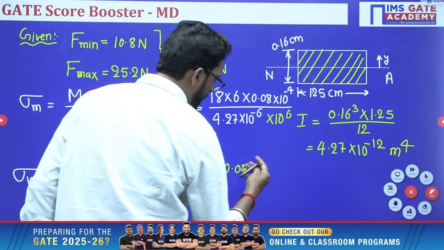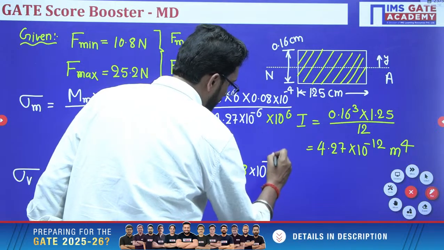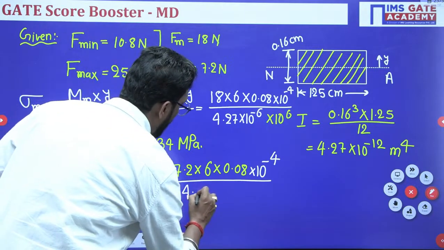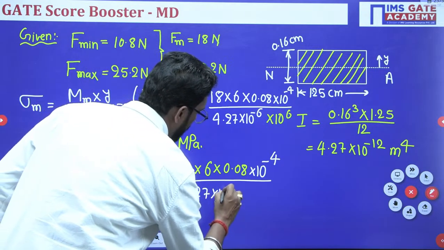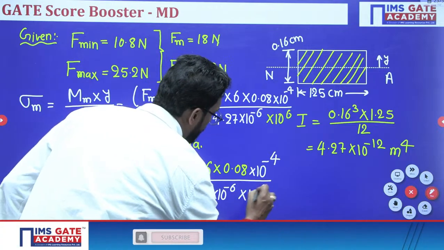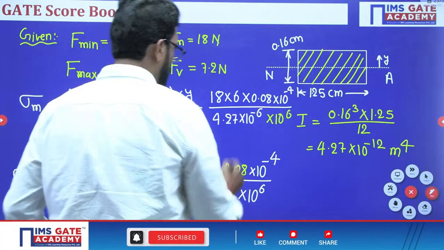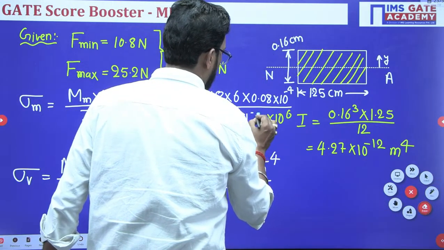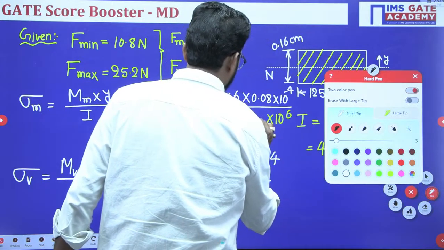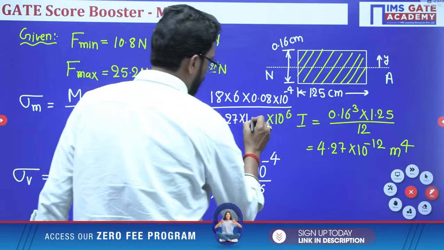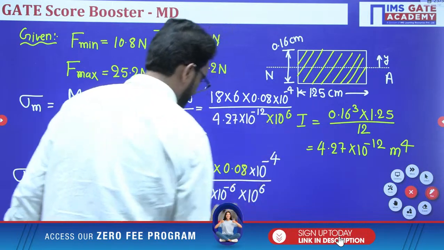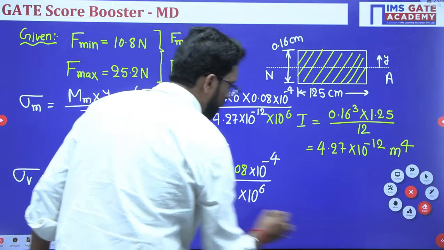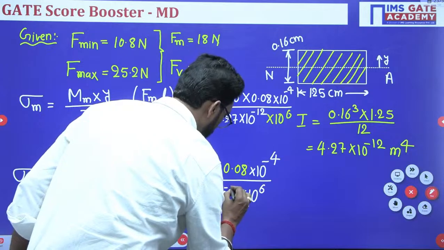This is centimeter, multiply 10 to the power minus 4 meter, divided by I, 4.27 cross 10 to the power minus 12.